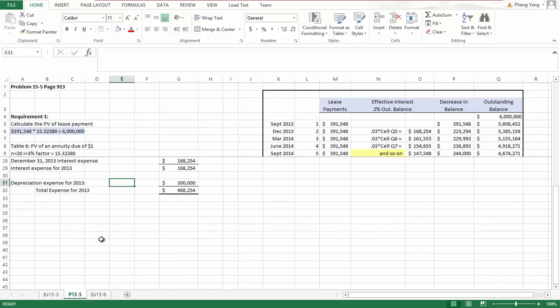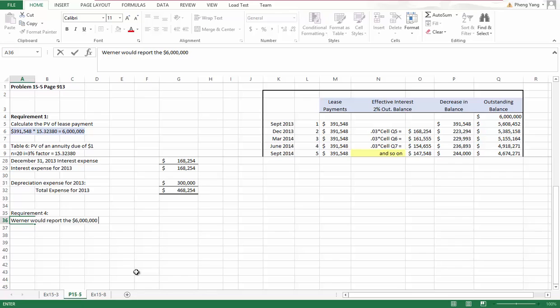All right, so requirement 4 then. It's asking what pre-tax amounts related to the lease would Warner report in the statement of cash flows for the year ended December 31st, 2013. So what they would report is the $6 million as an investment in the non-cash investing and financing activities section.